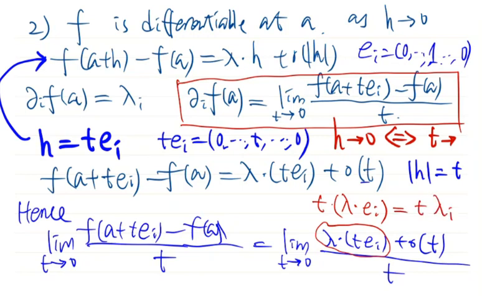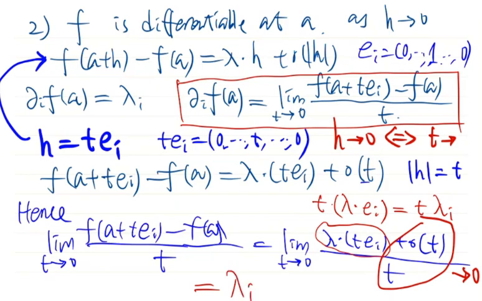So the first term on the right hand side is t lambda i, but you divide it by t, therefore only lambda i remains. On the other hand, the higher order part goes to 0 as t goes to 0. So in conclusion, the limit of the right hand side is lambda i.